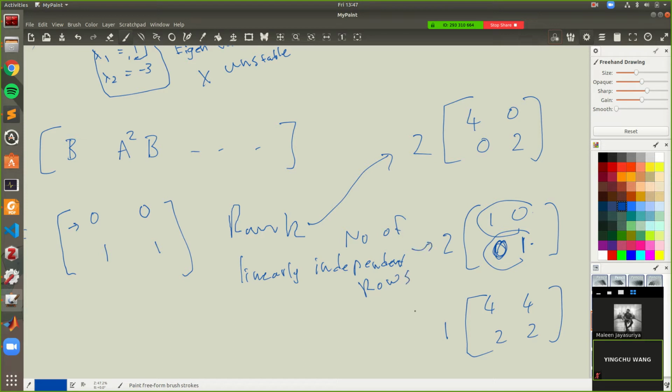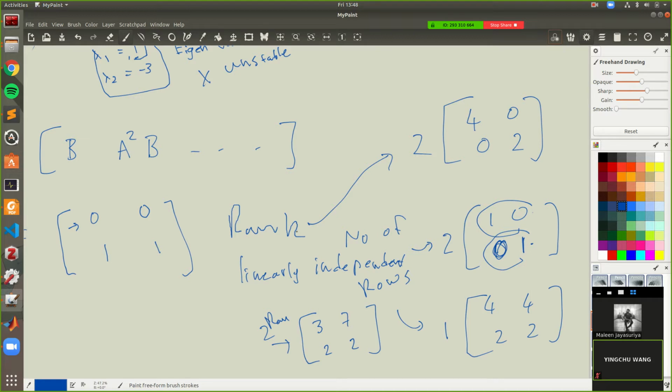So here it's 2, here it's 1. And in this example, again rank 2, because you can't multiply this by anything to get this.